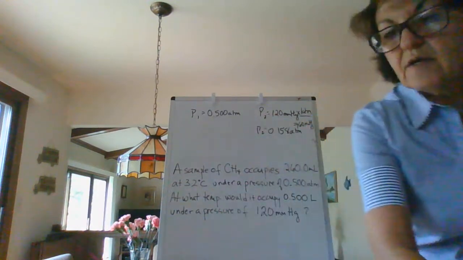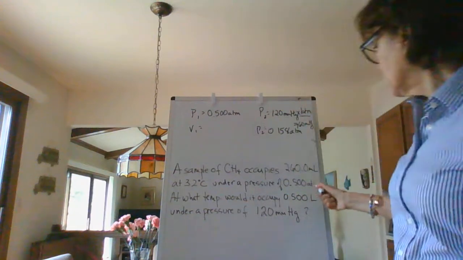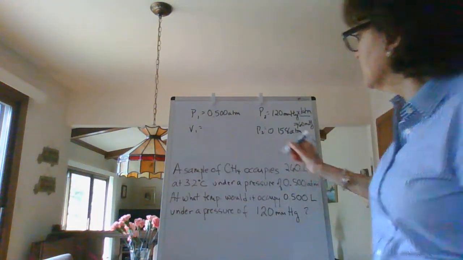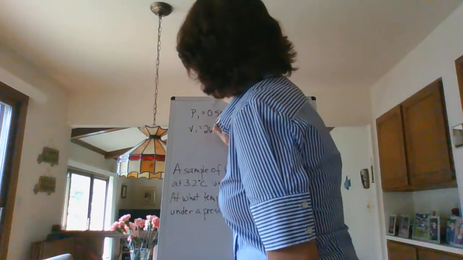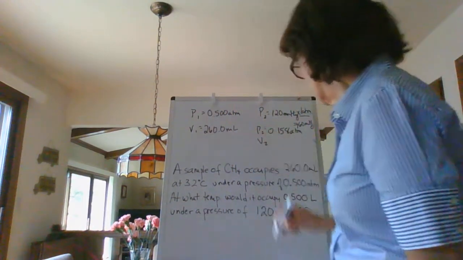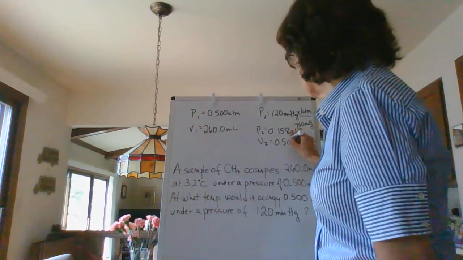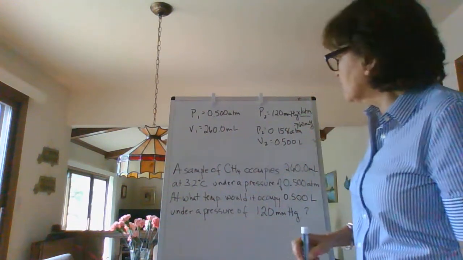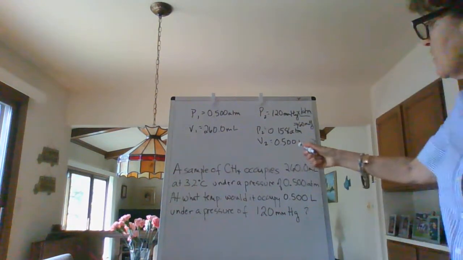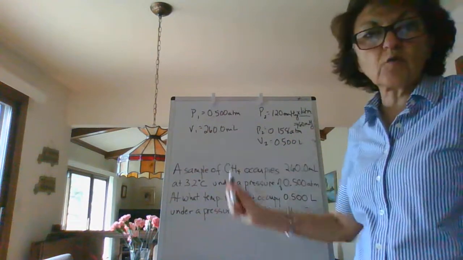Now V1 is 260 milliliters. V2 is 0.500 liters. If this is 0.5 liters and this is 260 milliliters, I have to convert one to the other.